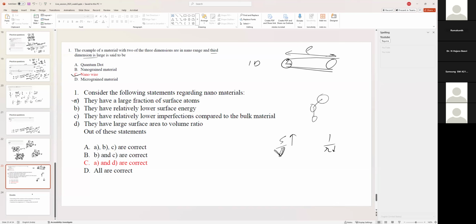They have large surface area to volume ratio. Surface area to volume ratio is inversely proportional to radius or diameter. So A and C are true.